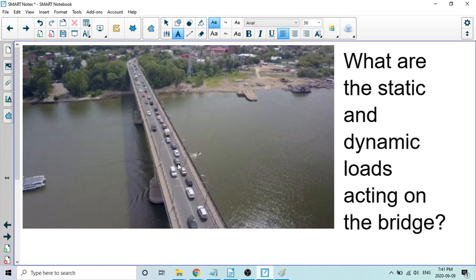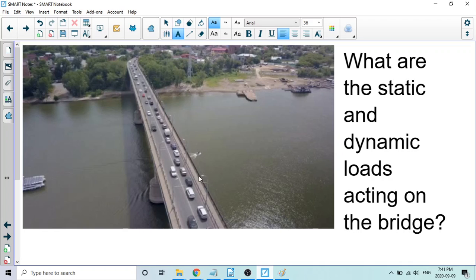So we've got this bridge here. Well, what are some static and dynamic loads acting on the bridge? Well, gravity's a static load because it's not changing. These cars are definitely dynamic because they're moving. These light posts aren't moving, so they're static. They're pushing on the bridge.